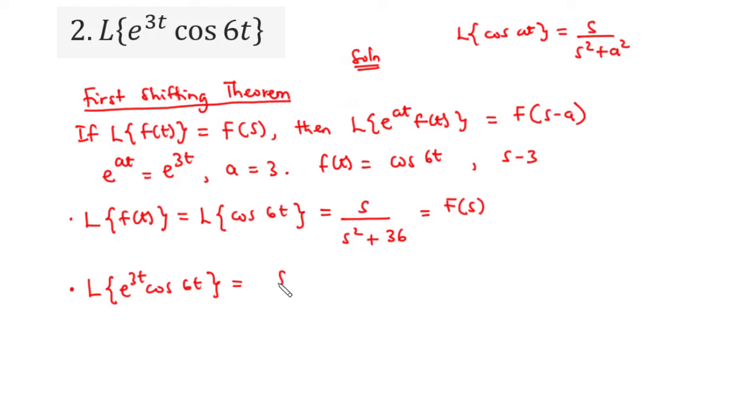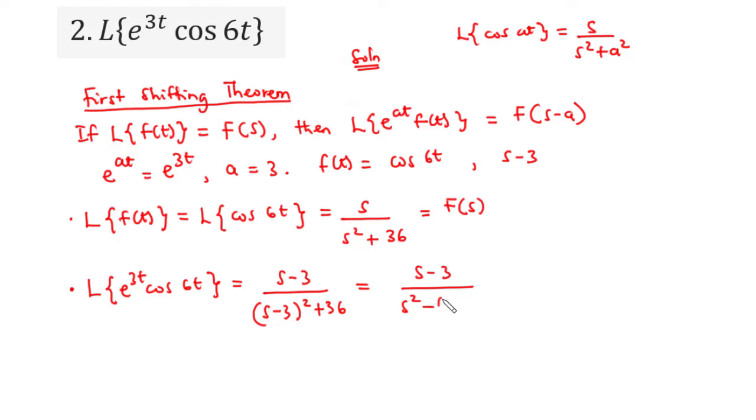So we are going to have s minus 3 divided by s minus 3 all square plus 36. So this is equal to, we have s minus 3 on top, and then s times s is s square, s times negative 3 is negative 3s, negative 3 times s is also negative 3s, so negative 3 minus 3 is negative 6.